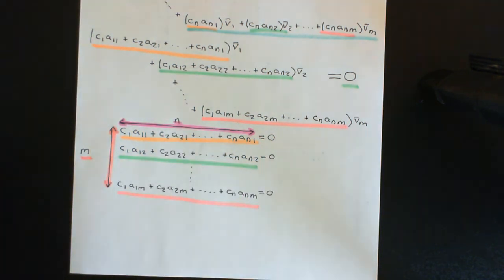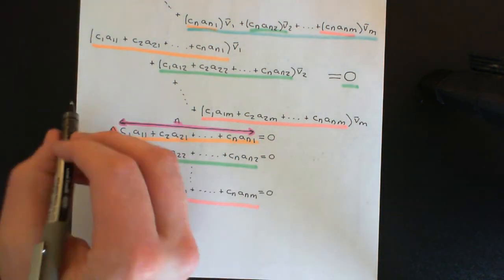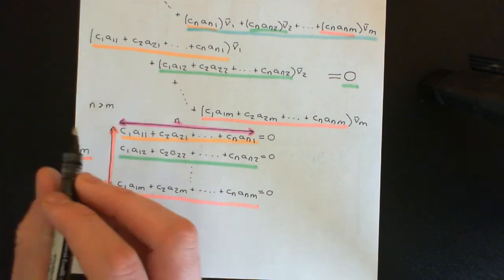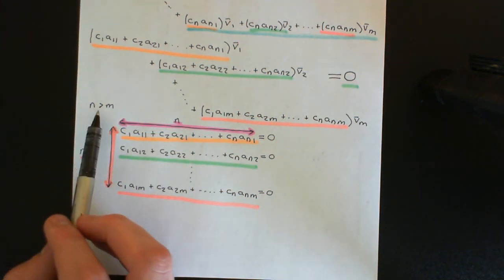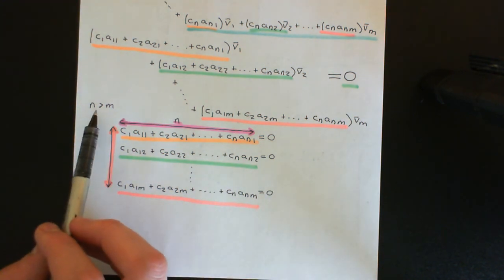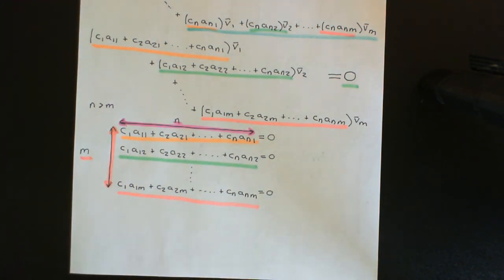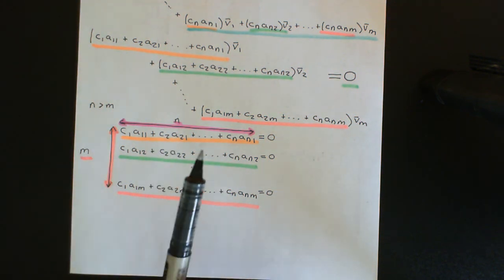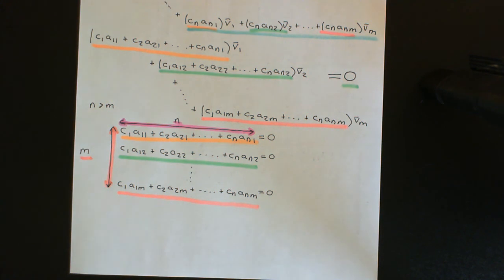So this is looking hopeful, because what was the initial assumption? The initial assumption I was working on was that little n was greater than little m. So I am now saying that I have a greater number of variables than I have equations. Now, in any field, this doesn't need to be the real numbers, it doesn't need to be the rational numbers, it doesn't need to be the complex numbers, it can be one of our much more abstract fields.